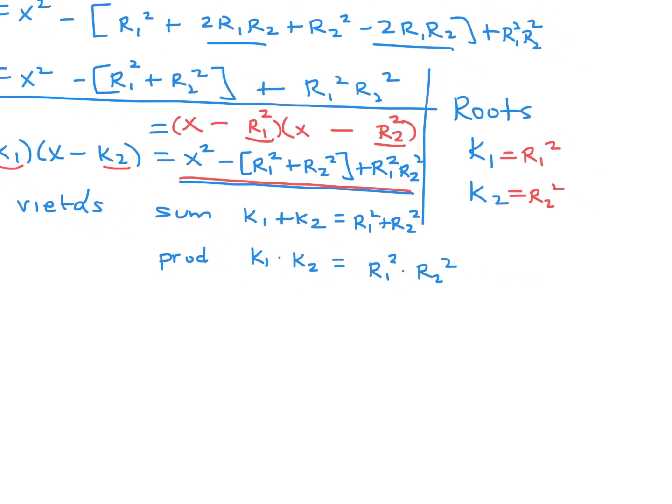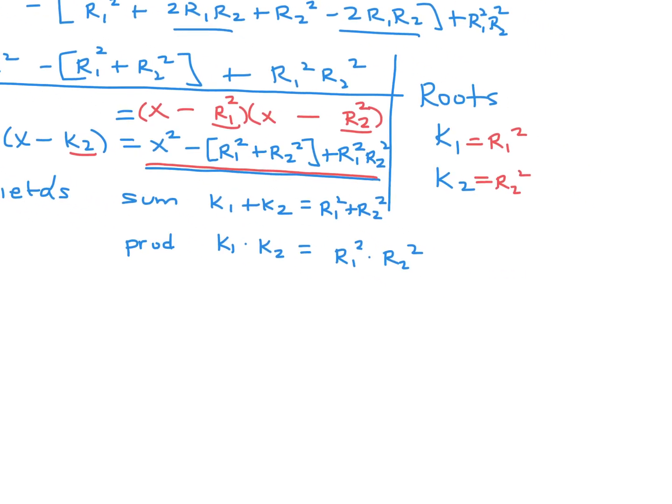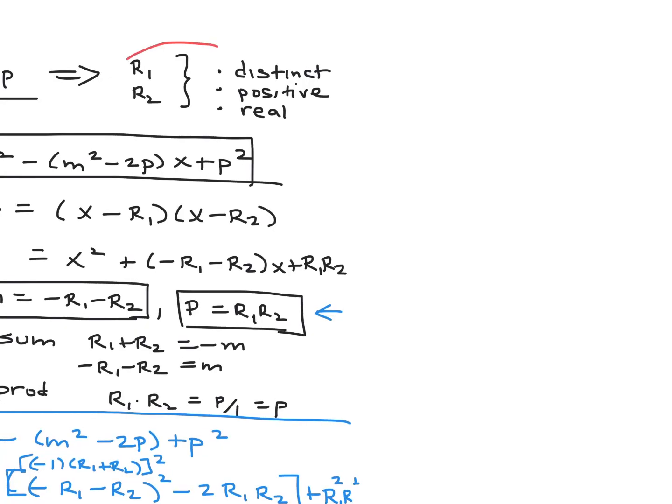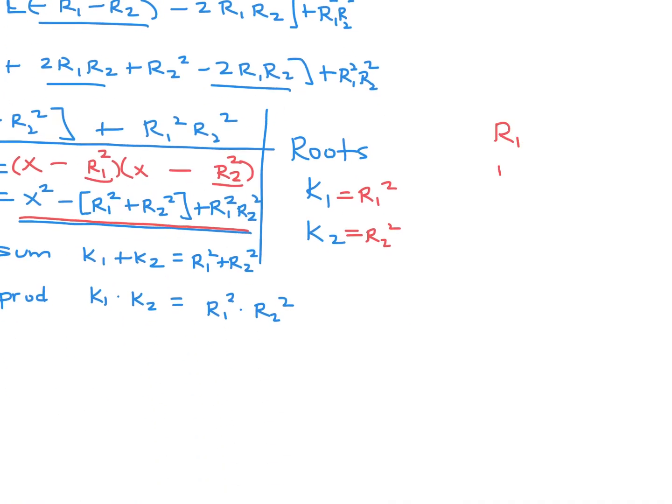Okay, I got it. So, going back to the very beginning, right here, R1 and R2 were distinct, positive, and real. So if R1 and R2 were distinct, positive, and real, then if you square them, which is basically what all those are, those will also be distinct, positive, and real.